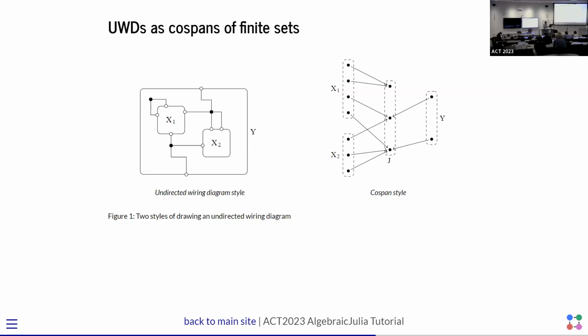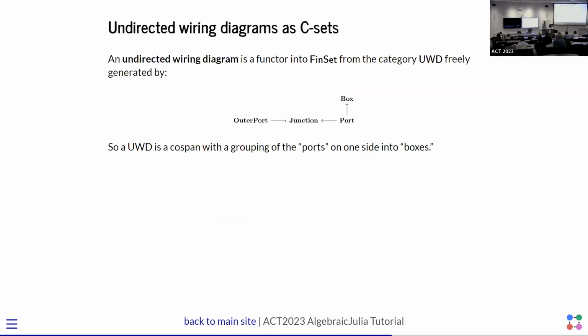Composition of undirected wiring diagrams is closely related to the way that cospans compose. But for now, I'll just point out that this gives a way to define wiring diagrams as a co-presheaf or a C-set.